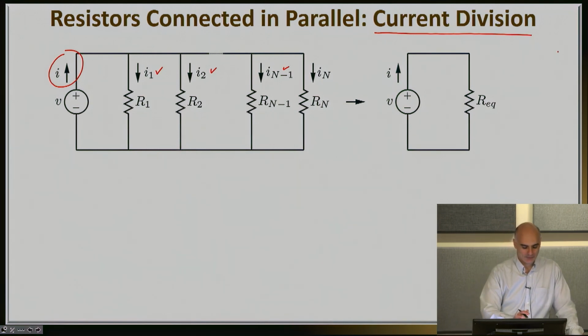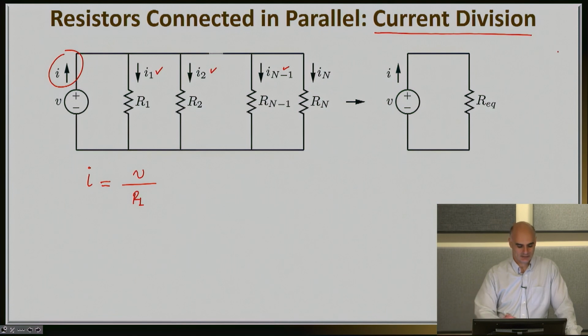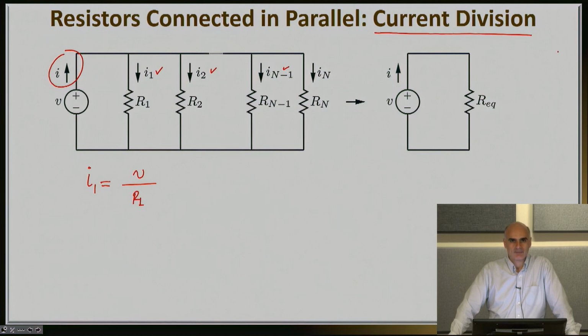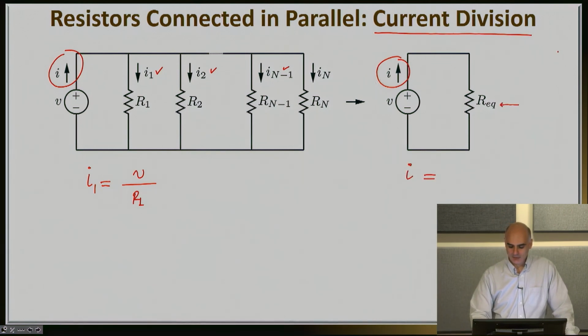We found out before that the amount of current that you will have will be equal to the voltage drop divided by the resistance. So for example, I1 here will be equal to V divided by R1. But if you look at this current here, which of course should be the same since we have Req, you can also write that this I here will be equal to V divided by Req.